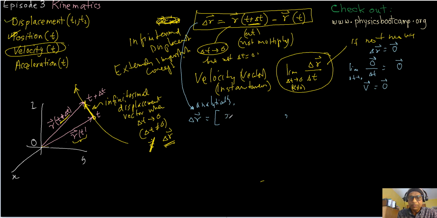The x component is x at t plus delta t minus x at t. That's the x component, and the y component is y at t plus delta t. At that instant, what's the y-coordinate the object is at over here, minus y when it was over here. And z will be the same way, z at t plus delta t minus z at t.